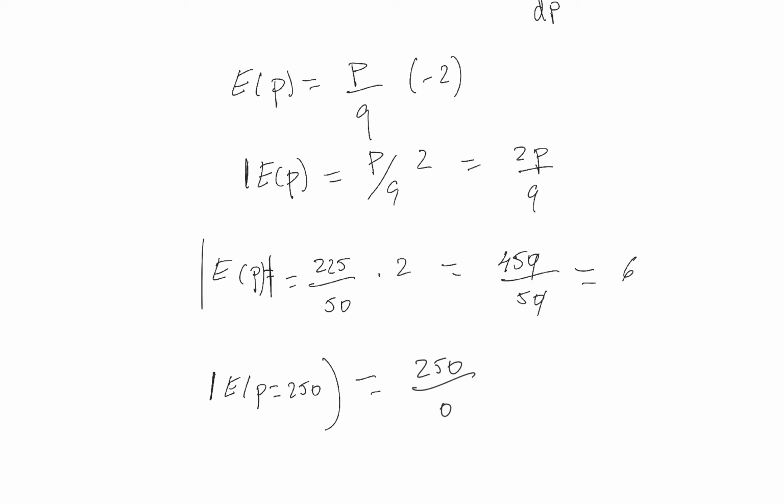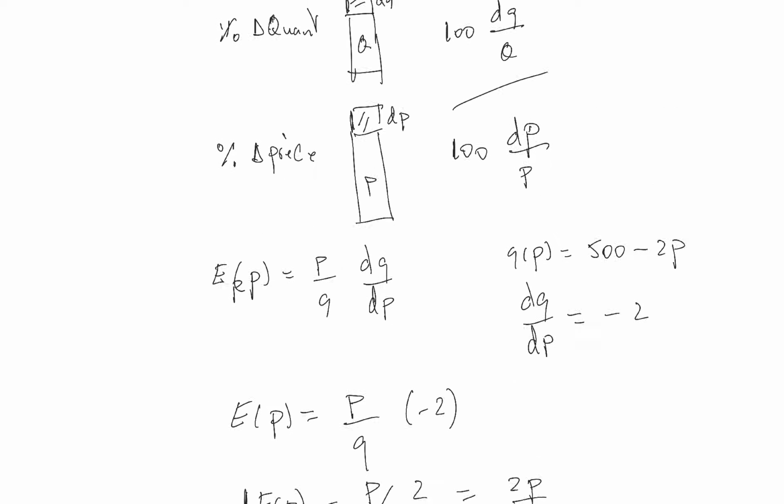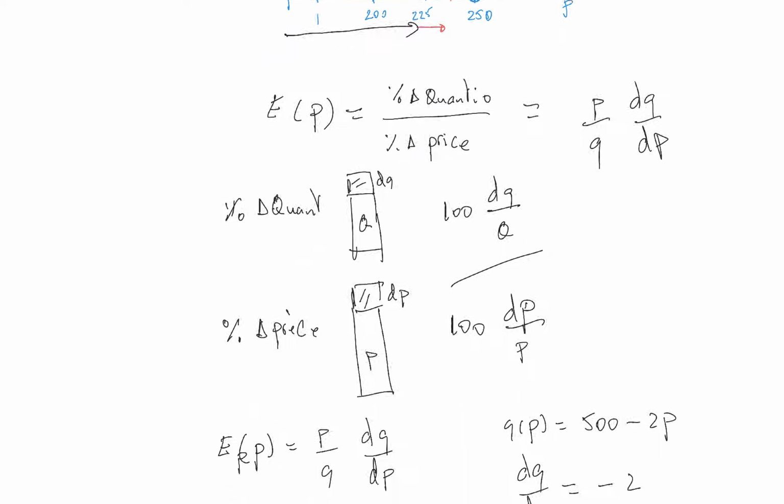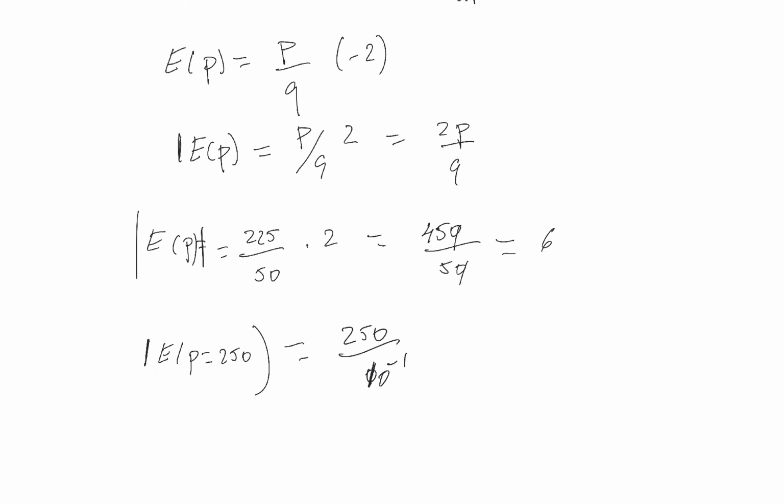But let's take a very small Q, like 10 to the minus 1, a very small quantity. So you are very, very near to the price 250, but not on 250. So let's put it at 249.